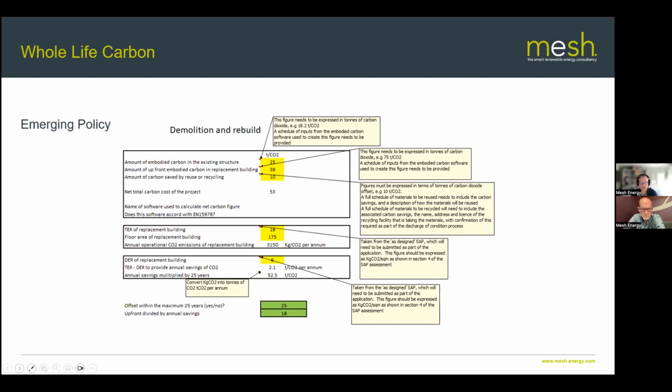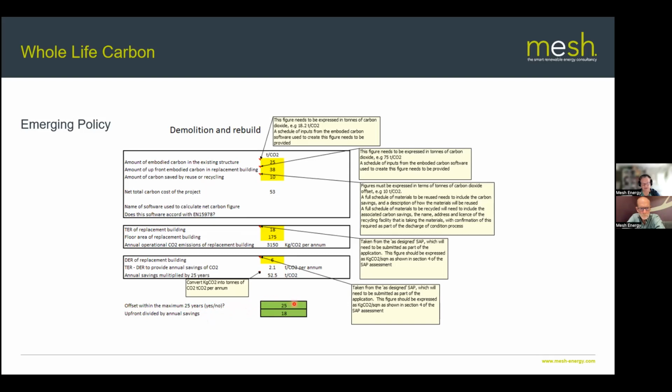And then what the calculation does is divide that net total carbon cost of the project by that annual saving. And it determines the number of years at which the carbon would be offset. And what this policy is asking for, certainly down in the West Country, is that the offset will be completed within a maximum of 25 years.